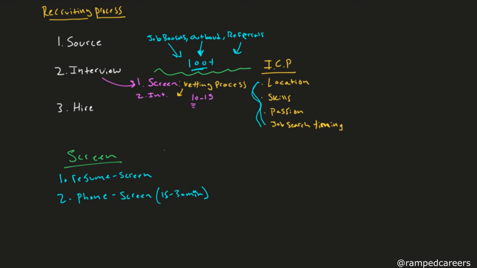So you'll probably look at all of the resumes, 100 plus resumes, and then you'll phone screen maybe 15 candidates. And then you'll pass on maybe 5 to 10 candidates, depending on how many roles you're hiring for, to the interview stage of the hiring process, which we'll chat about in the next video.